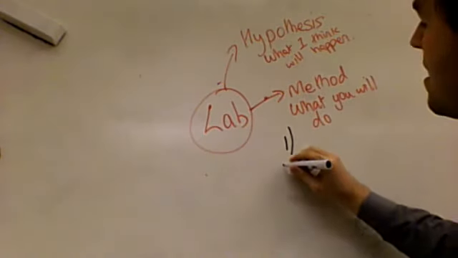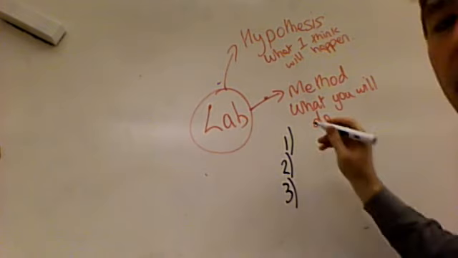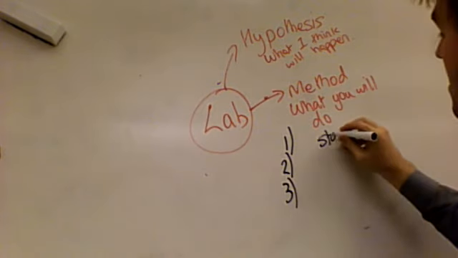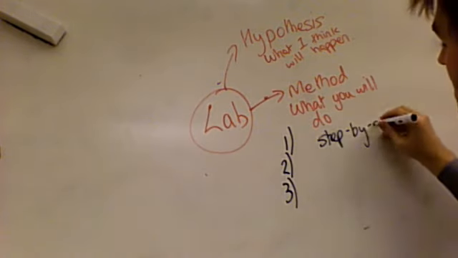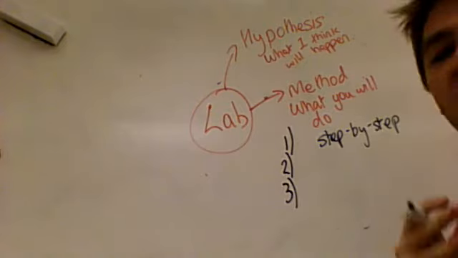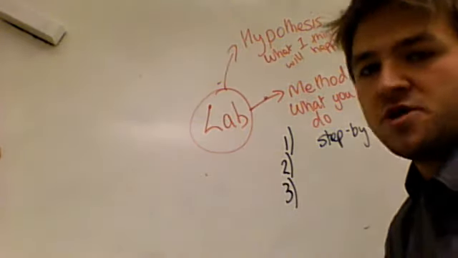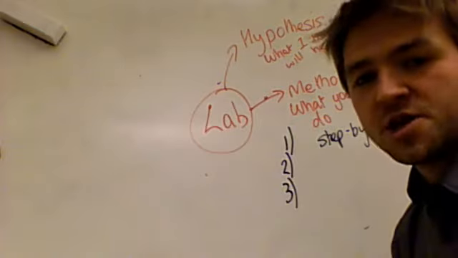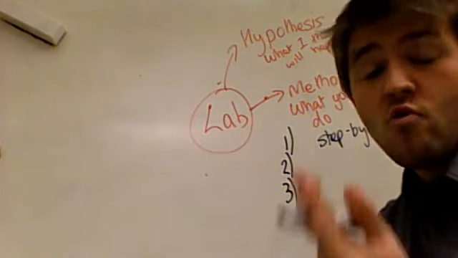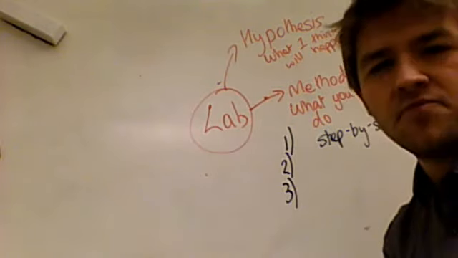It should be in a step-by-step way. Like a cooking recipe. First I do this. Number 2, do this. Number 3, do this. So it's all really easy to follow.